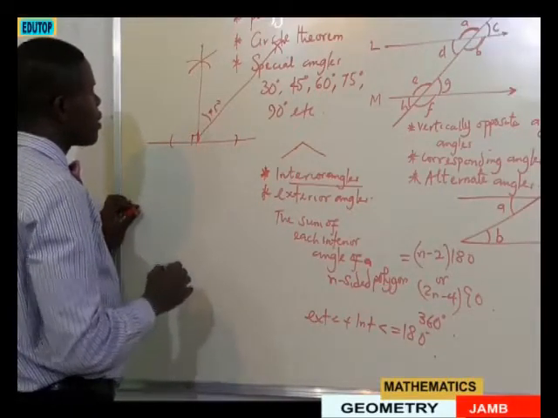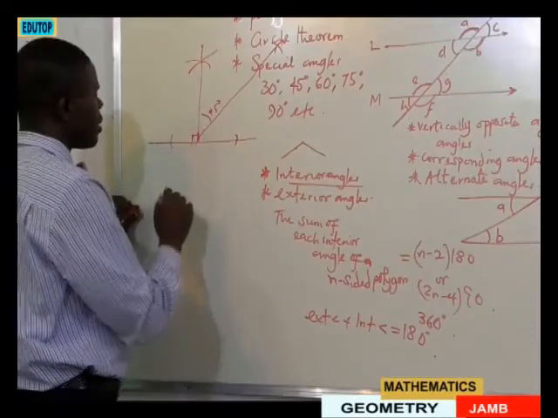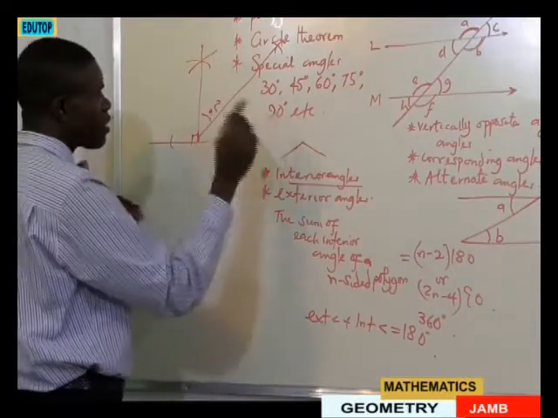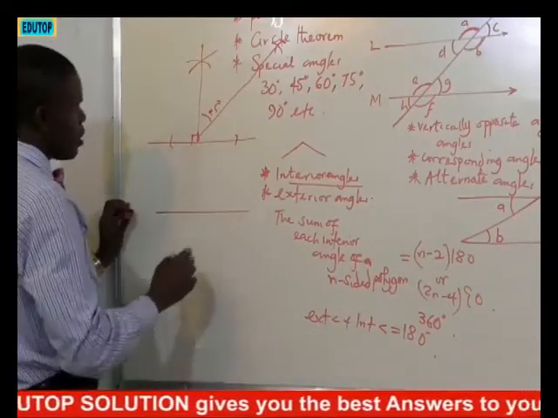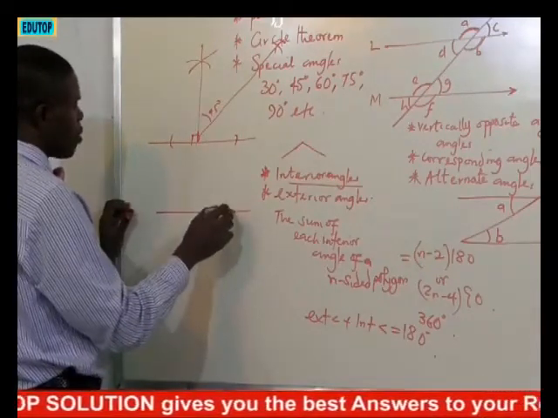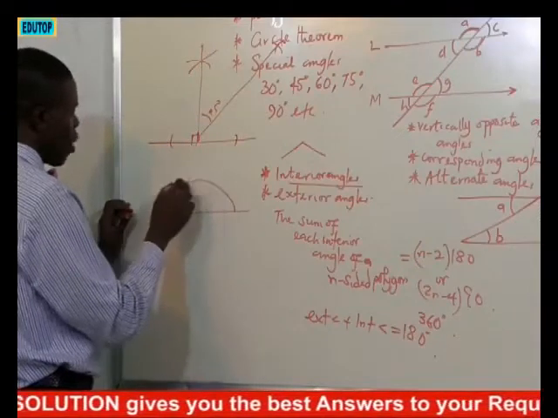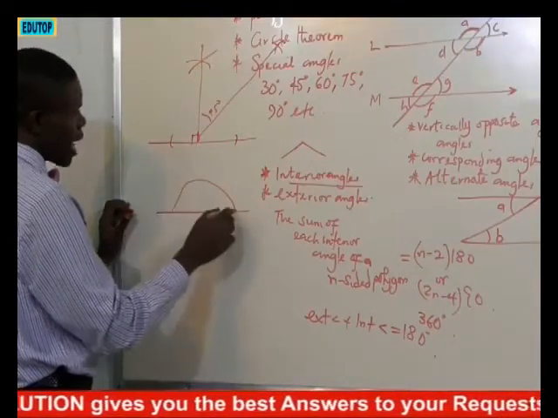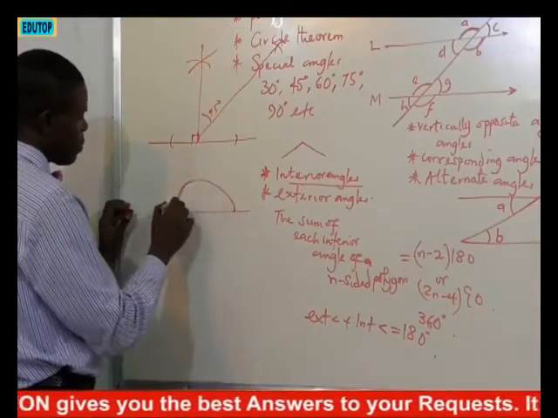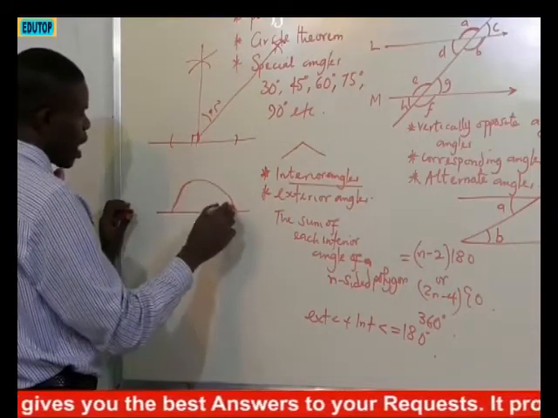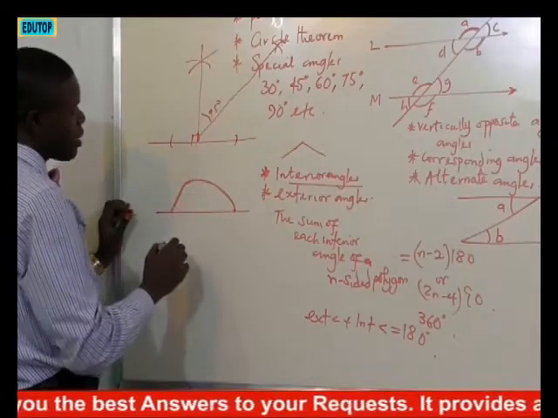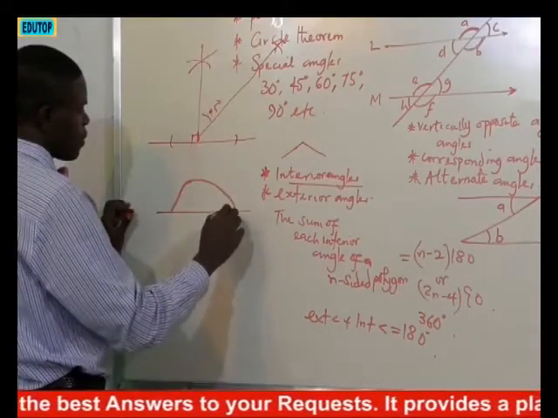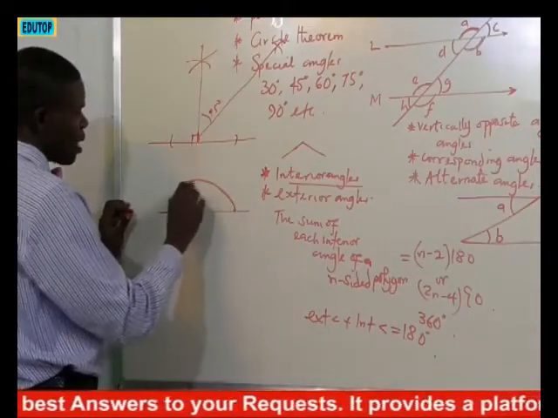Then if it is 30, or let's say 60, if it is 60, you can just make an arc on this line. When you make an arc on this line of equal radius, then you make an arc here.